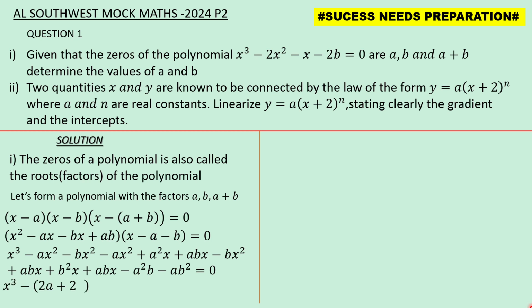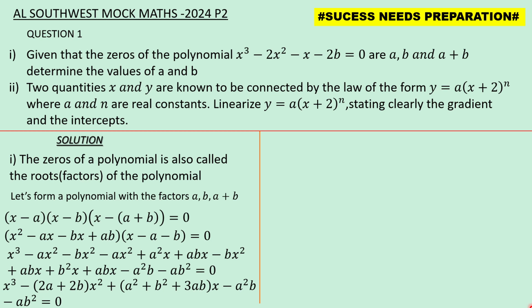Rearranging the equation, I get x cubed minus (2a plus 2b) x squared plus (a squared plus b squared plus 3ab) x minus a squared b minus ab squared equals 0. Okay, so that is it.